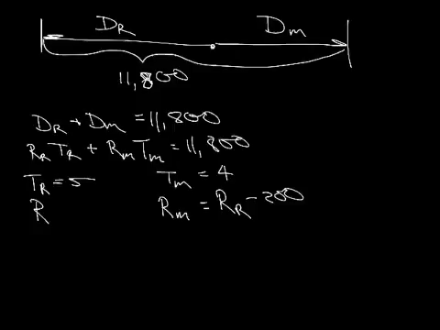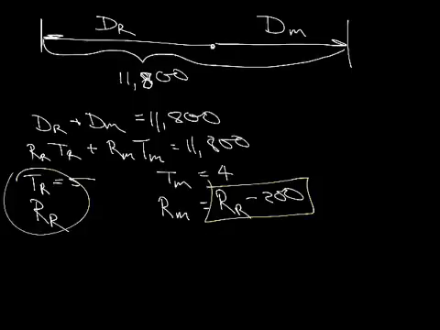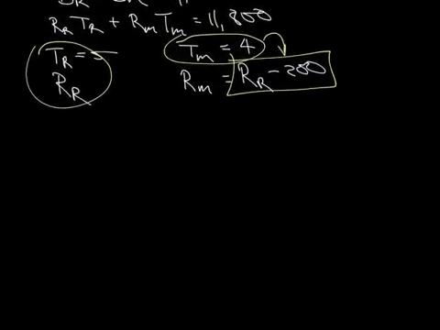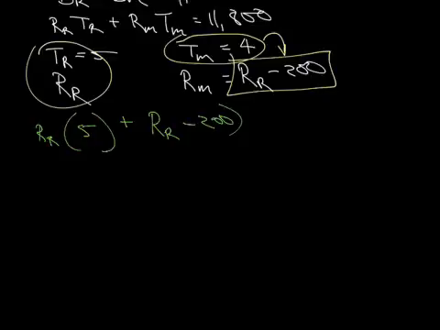Rocket Man's speed, we'll just call it R for Rocket Man, and Moonfa's was R minus 200. So RT, and then this times this. We have the right number of variables here. So let's take this top equation and put in what we know. We do not know the rate of Rocket Man. We know his time was 5. We know that Moonfa's was Rocket Man's minus 200. That's how fast she was going, or he.